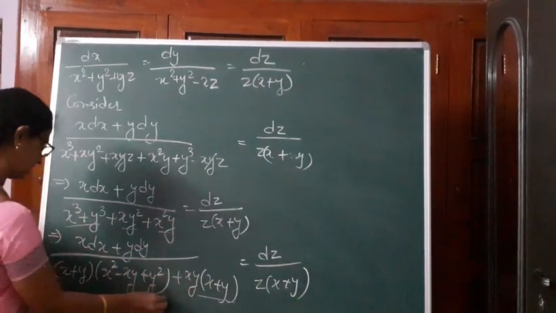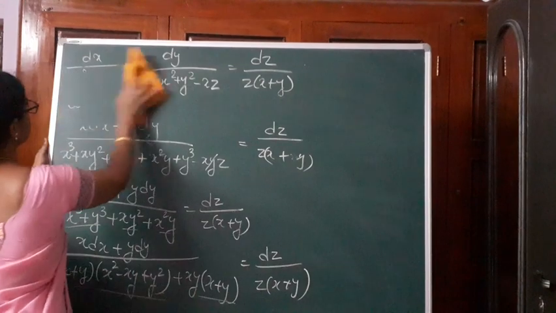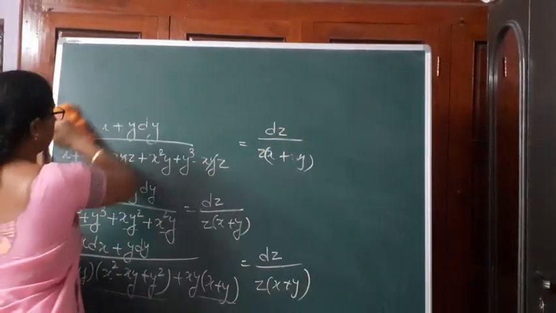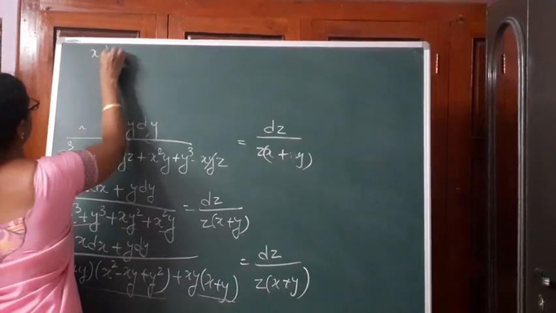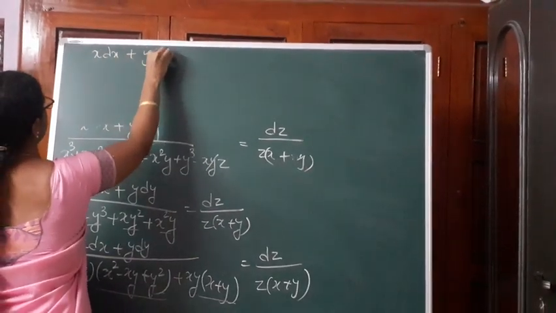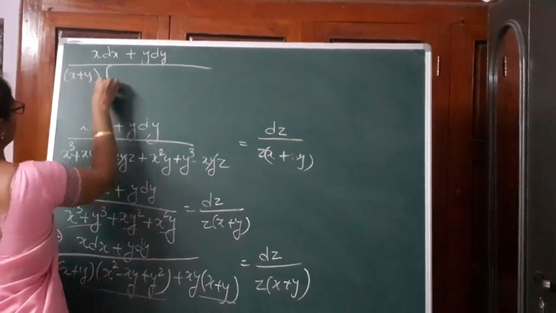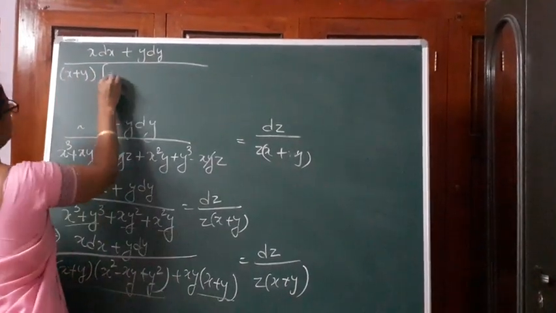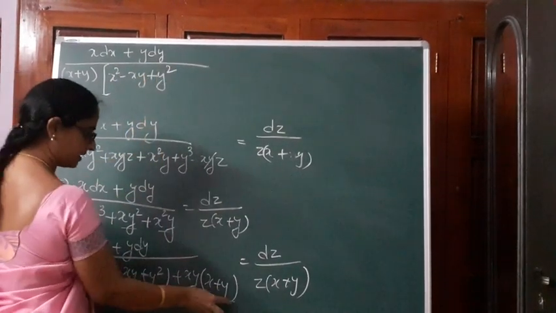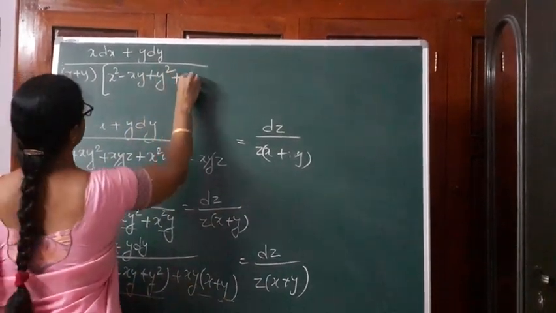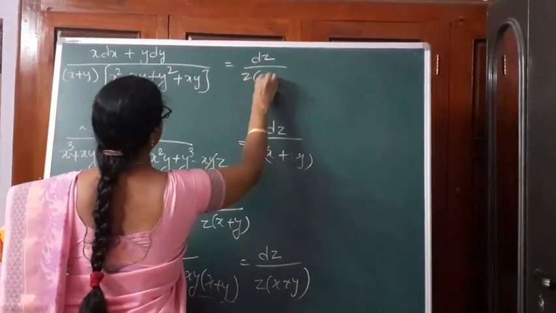Now from both the terms we have x plus y common. If we take x plus y common, x dx plus y dy divided by x plus y into x square minus xy plus y square, plus xy, is equal to dz by z into x plus y.